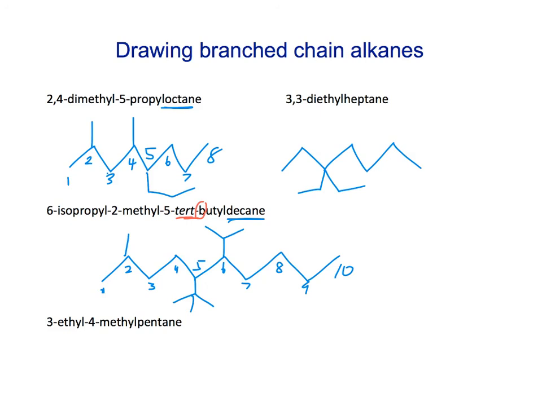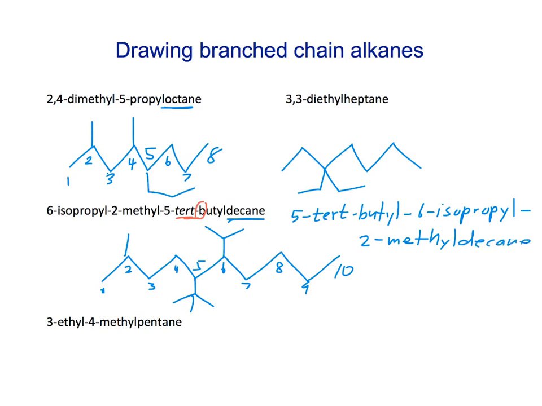And so, in fact, the tert-butyl should go all the way out in front. So it should be 5-tert-butyl, 6-isopropyl. Remember, the iso is included in alphabetization for some weird reason. 2-methyl decane. All right, so that one was in fact incorrect because of the alphabetization.